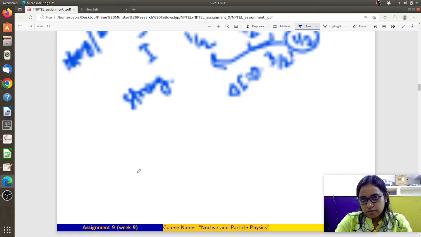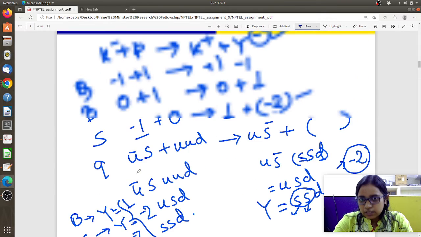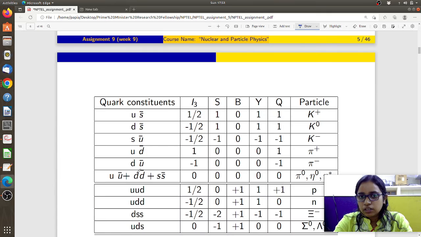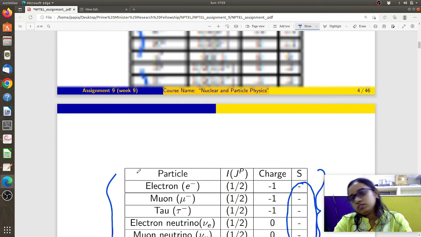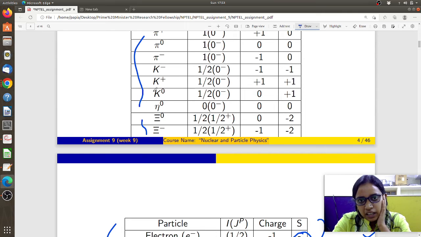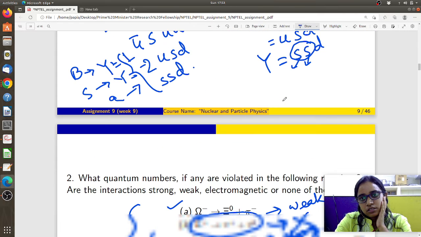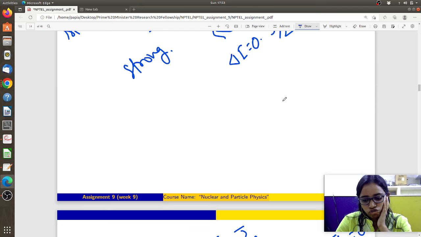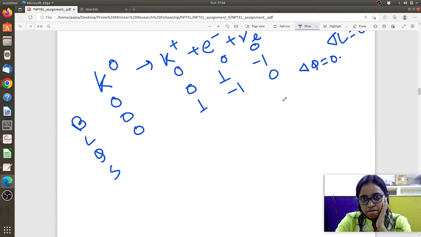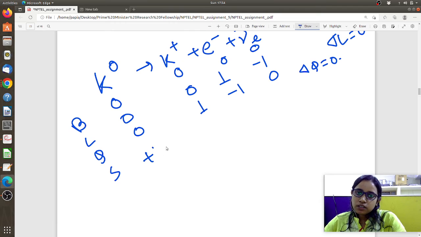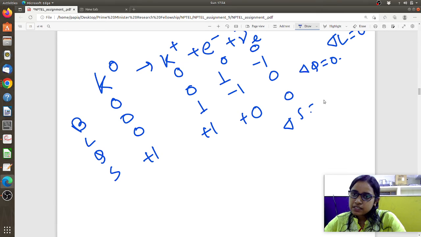K0 has a strangeness number which is, let's see, I totally forgot, but you have to remember that K0 has +1, K plus has +1, K minus has -1. So K0 is +1, K plus is +1, plus 0, 0. So delta S is 0.